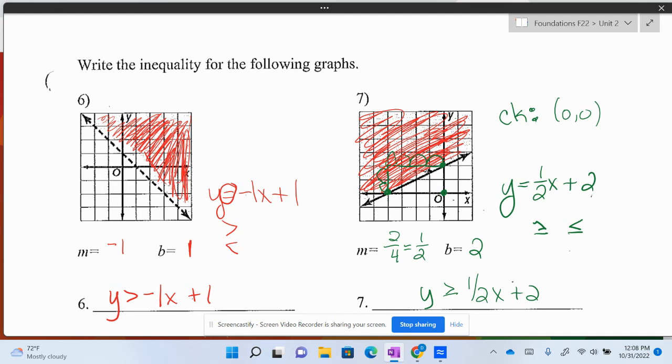I'm just going to replace the x and the y with a 0. So 0 is greater than or equal to 1/2 times 0 plus 2. 0 is greater than or equal to 2. That's not true, and it's in the not true side.